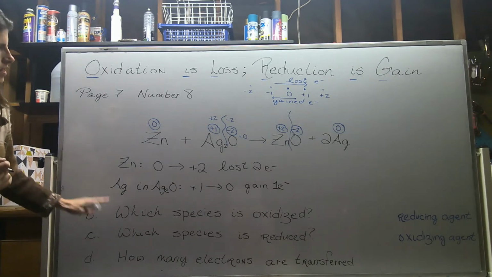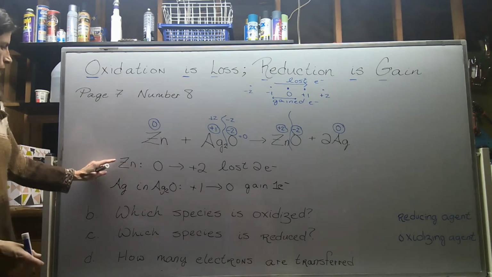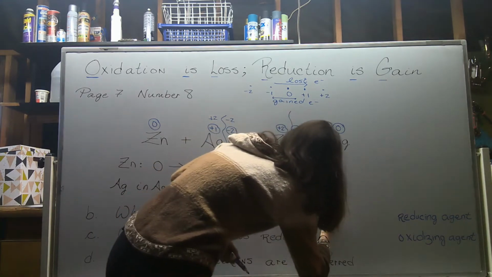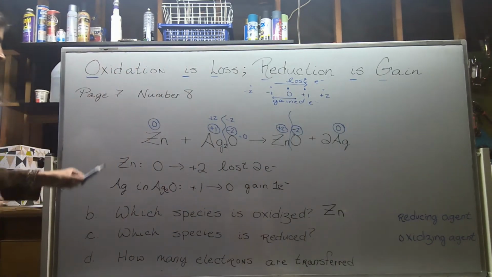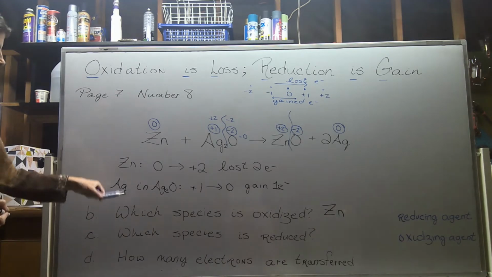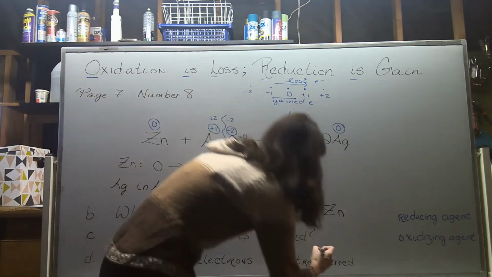So which species is oxidized? Oxidation is loss. So I go back up here to my analysis and I can tell that zinc was oxidized. And which species is reduced? Reduction is gain. And that means that the silver in the silver oxide.